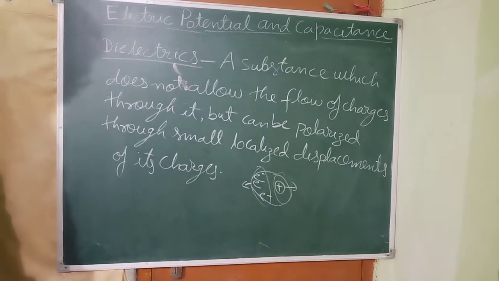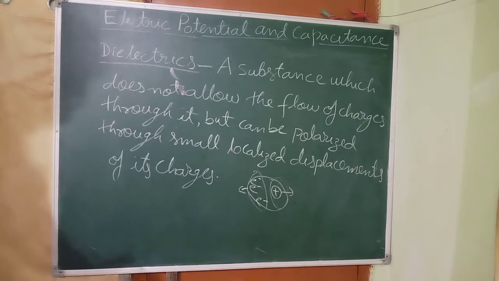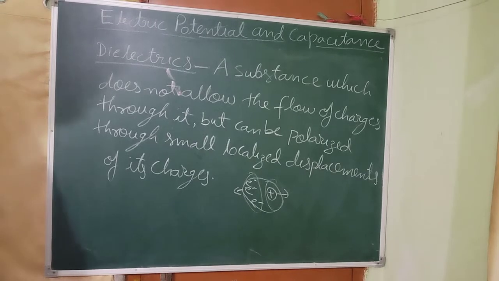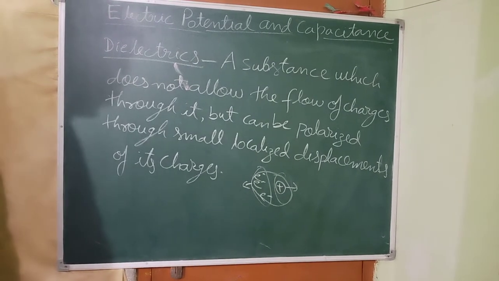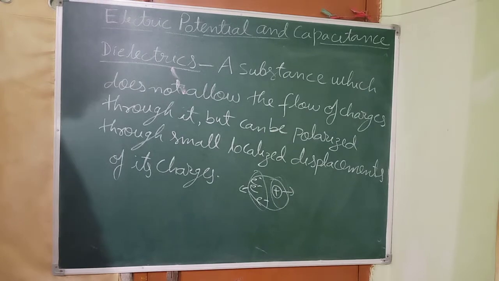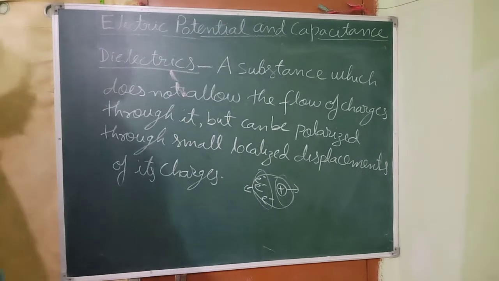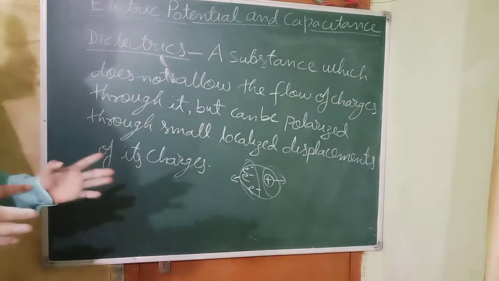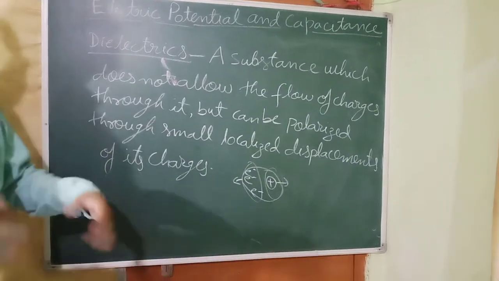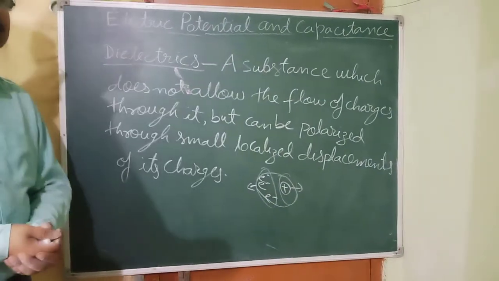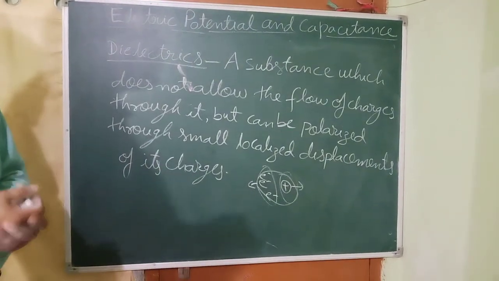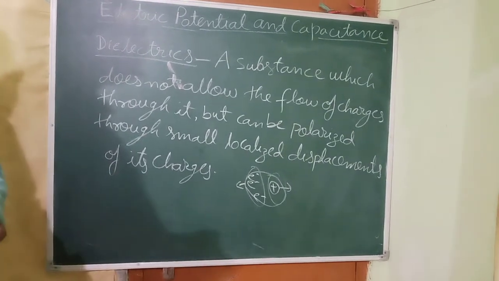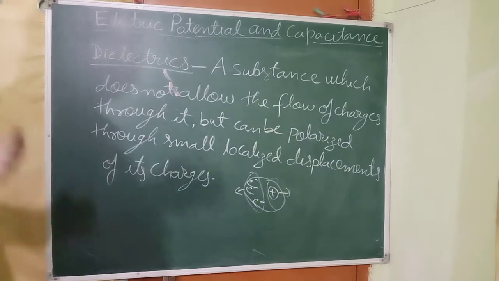For example, glass, water, wax, rubber, stone, plastic, and wood, etc. These are the examples of dielectric substances, which do not allow the flow of current through them, but they get polarized when they are placed in an external electric field.